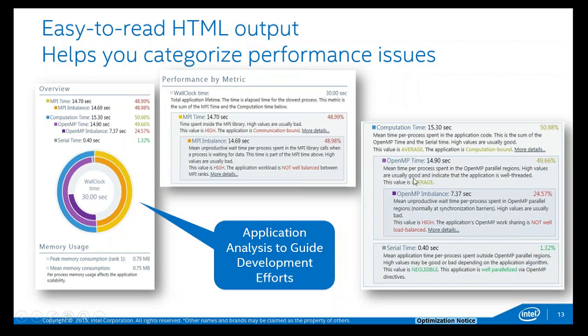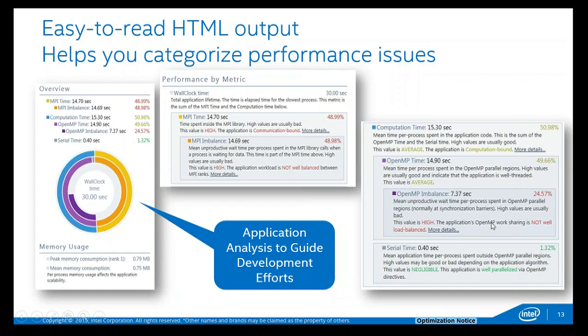Is the time you spend in OpenMP okay? Is it too high, or is it negligible, which means that you don't spend almost any time doing OpenMP calls? In this case, it's about average, which tends to be fairly good. But then it also breaks down how much of your total OpenMP time is actually imbalanced, and that imbalance is marked as high.